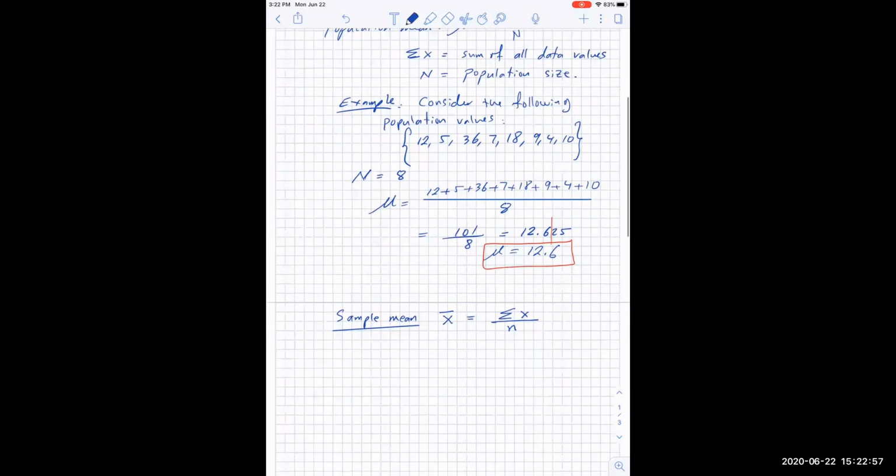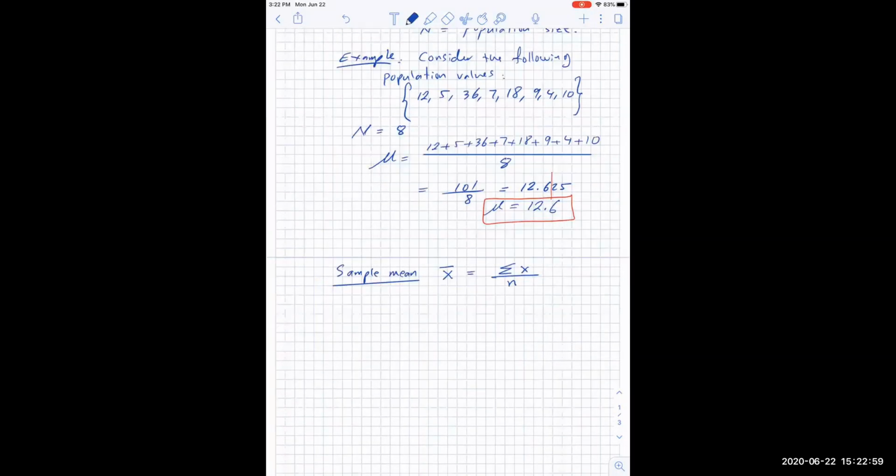Small n means the sample size. So sum of X here means the sum of all sample data values, and n is the sample size.